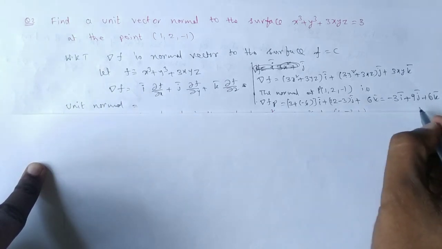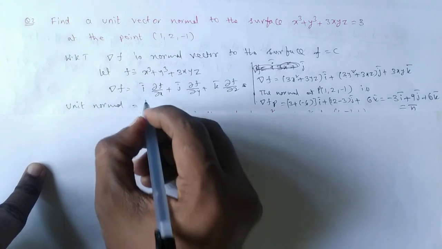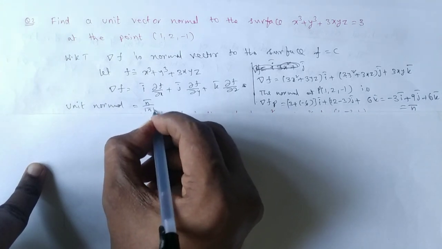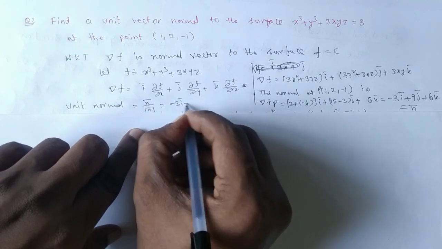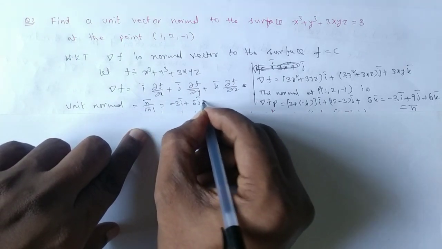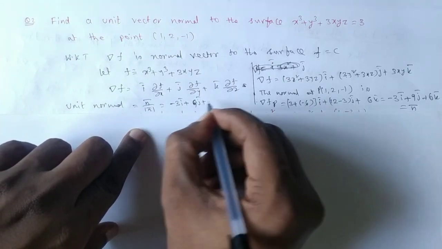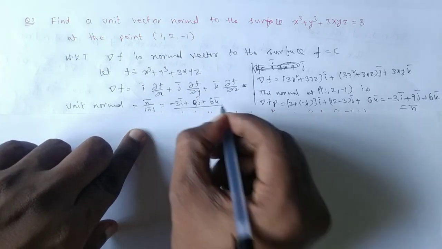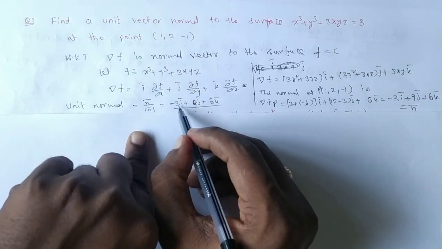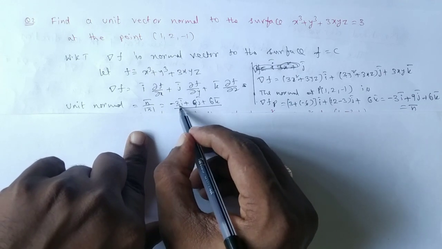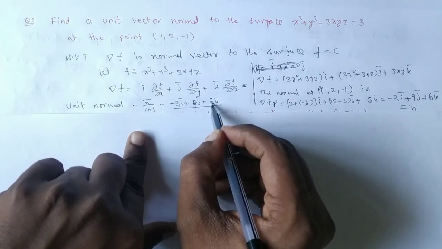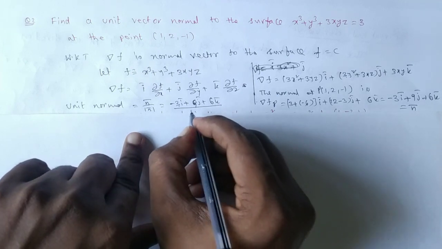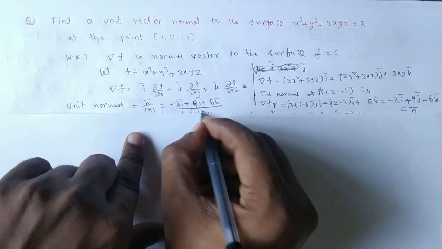Equal to, if you are treating it as n bar, then it is n bar by modulus of n bar. I may write it directly: minus 3 i bar plus 9 j bar plus 6 k bar, by the magnitude, which is square root of 9 plus 81, 90 plus 36, 126, square root of 126.